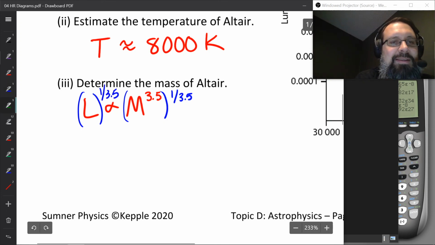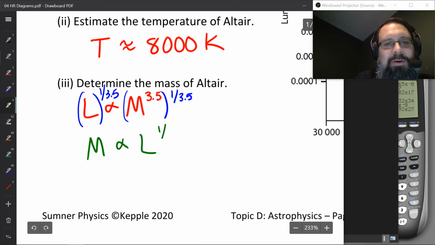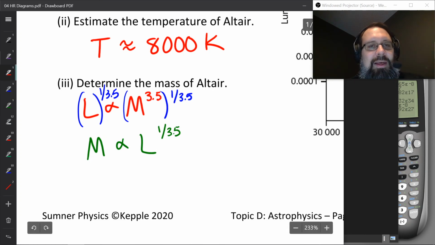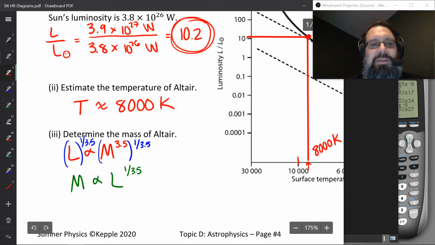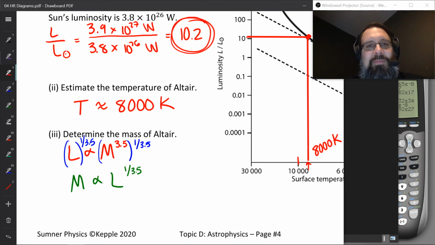And then we get that M is proportional to L to the 1 over 3.5. Now we know what L is for Altair. It's 10.2. If we plug in 10.2 as the solar luminosity, the luminosity compared to the sun, then we'll get the mass of Altair compared to the sun, which is a fine value to put in there.